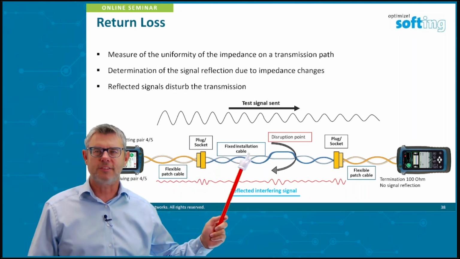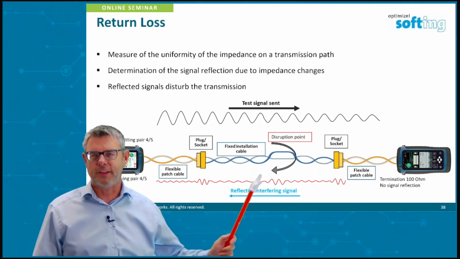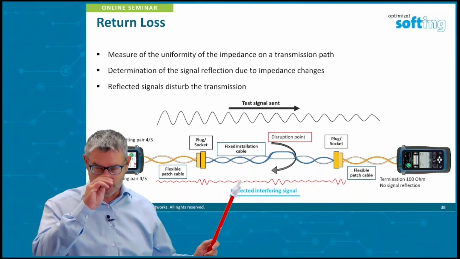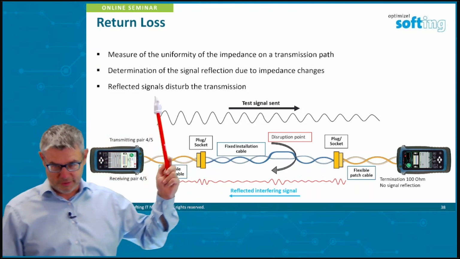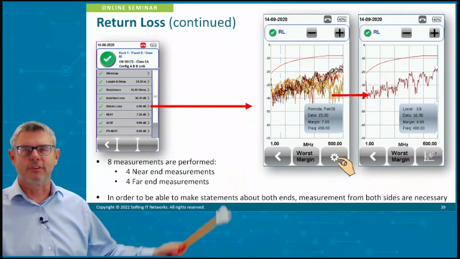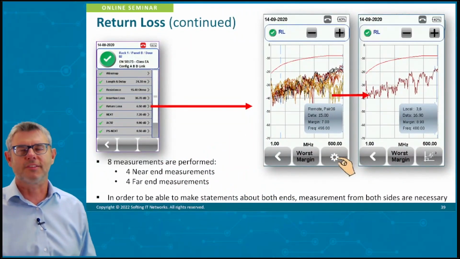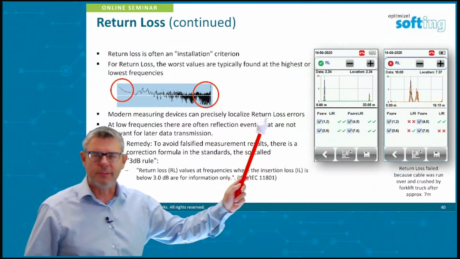And if the impedance is not 100 ohms all the way, you get reflections. And if you're cruel to the cable, you get reflections which are very high and which fail the return loss limits. Here are some pictures from the instrument, how they look on the tester. And also on this return loss, we have this locator functionality.